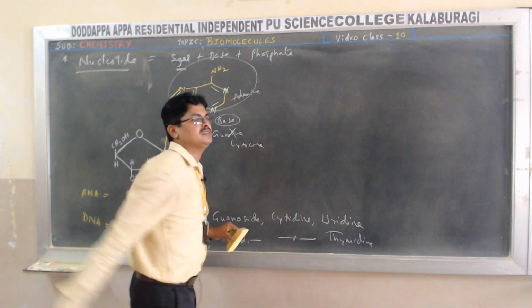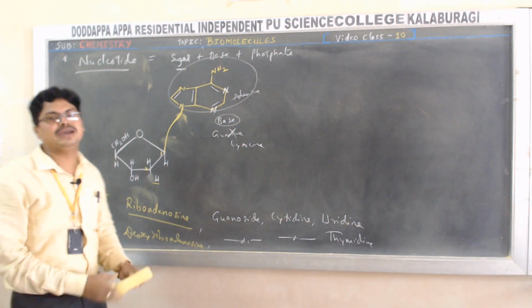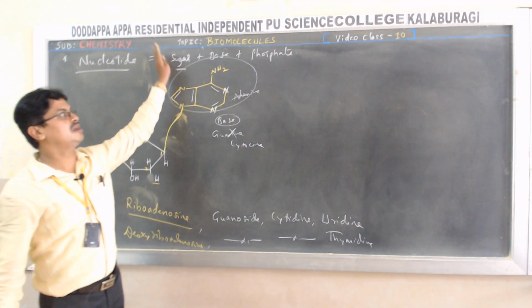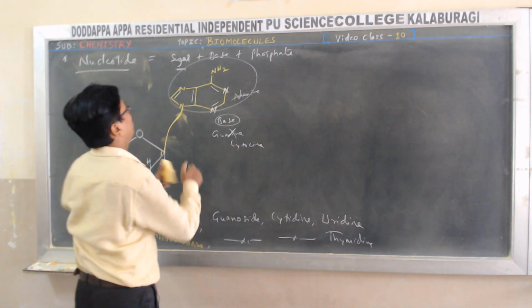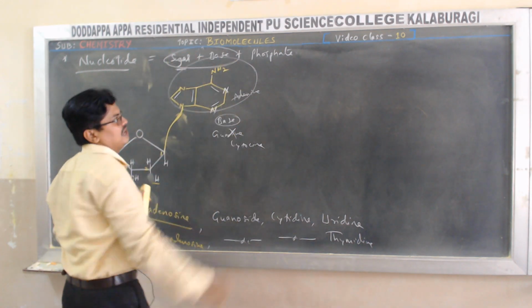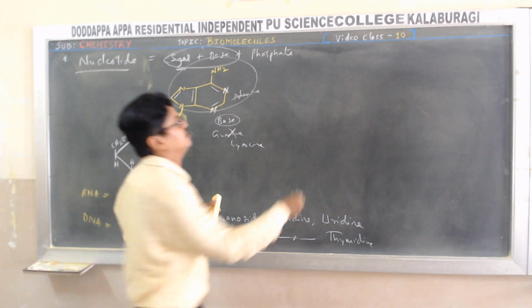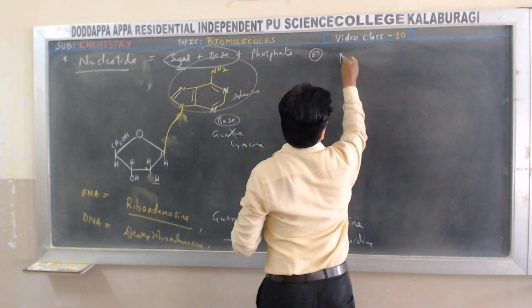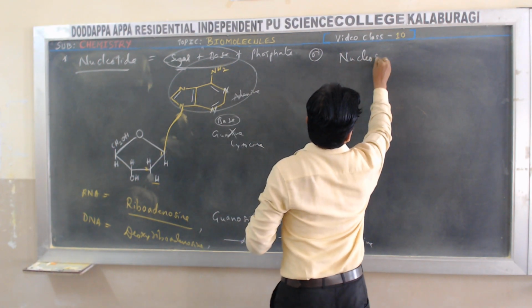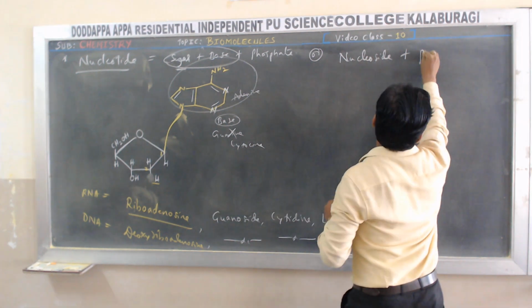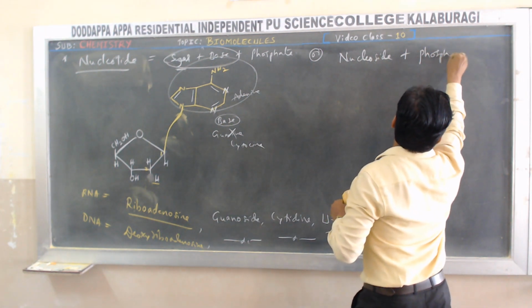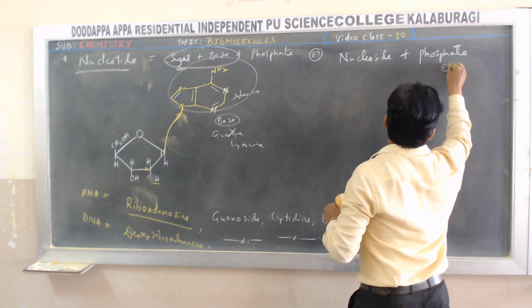Nucleotides are made up of sugar plus base plus phosphate. What are the sugar and base together referred to as? Nucleoside. So you can write it as nucleoside plus phosphate group, nucleoside plus phosphoric acid.